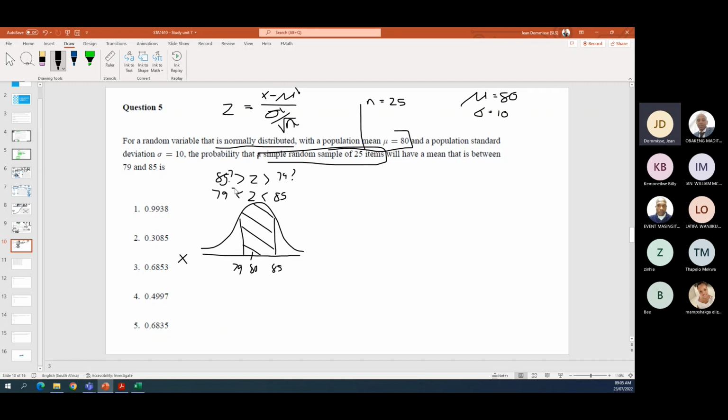So we will need to make two calculations. We need the z that is bigger than the 79: 79 minus 80 divided by... okay, so that's the one probability.